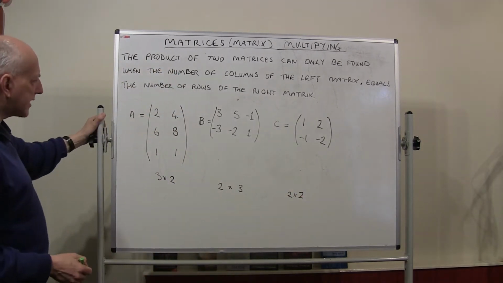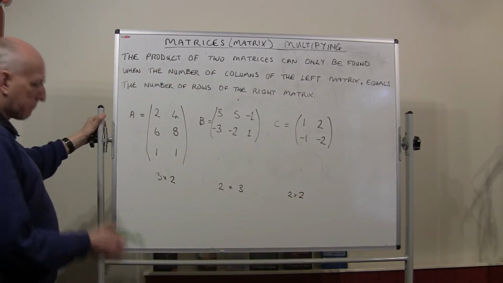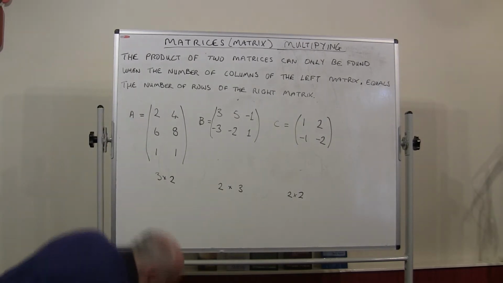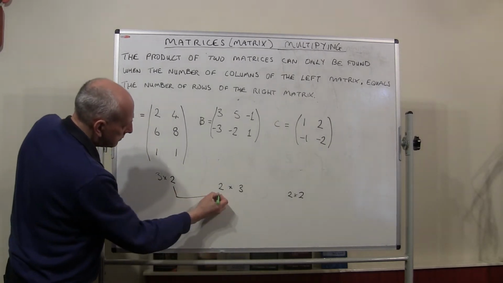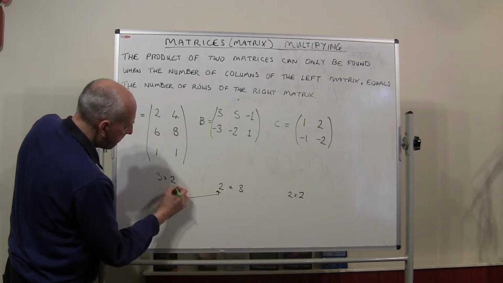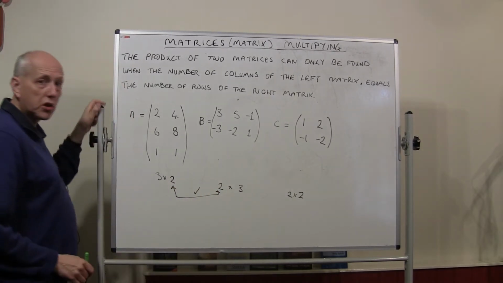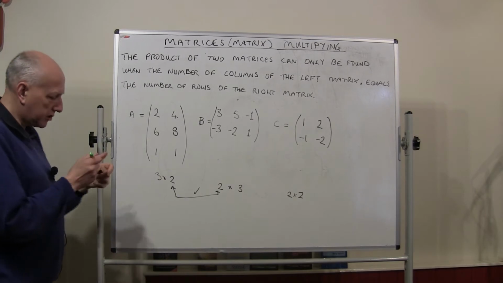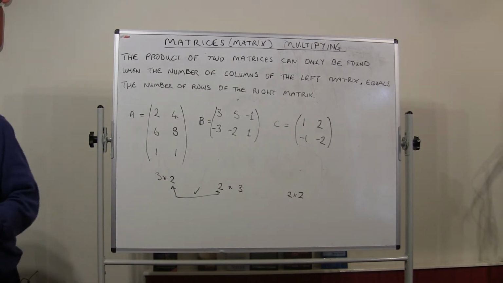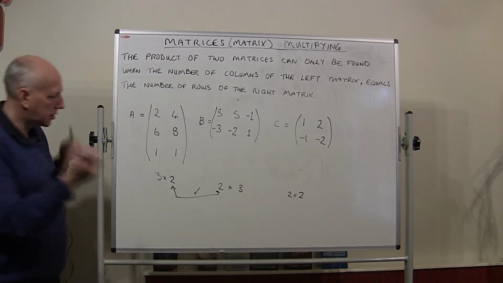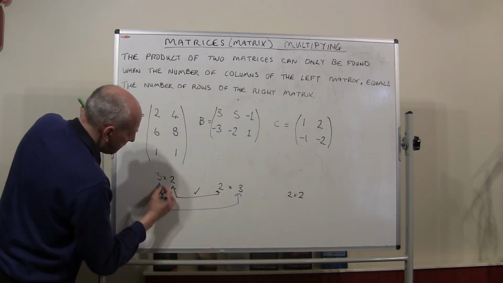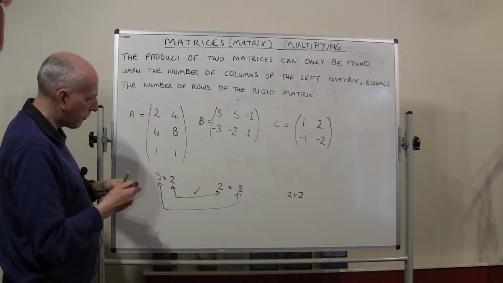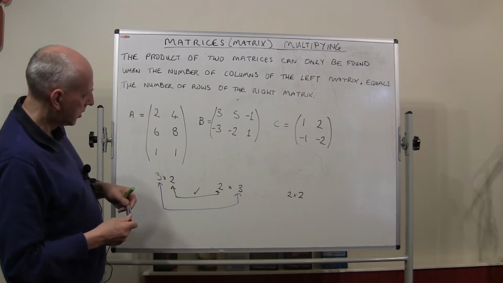So if you want A times B, for example, then we look at the inside numbers. If these are the same, then it's good to go. And incidentally, the result, I'll do this in a different colour, the result is this times this. So we'll end up with a 3 by 3 when we do that one.